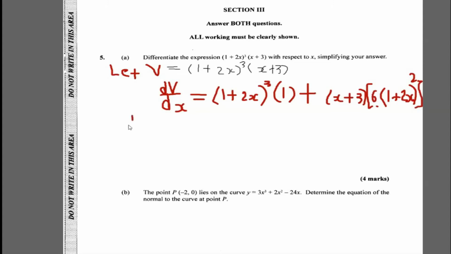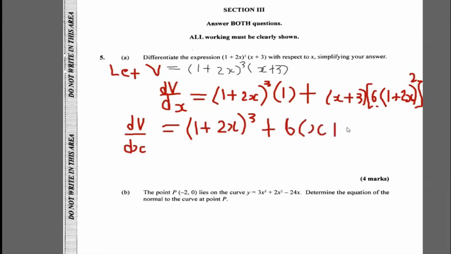So what we're getting then is dv by dx is equal to (1 plus 2x) cubed, plus 6 times (x plus 3) times (1 plus 2x) all squared.